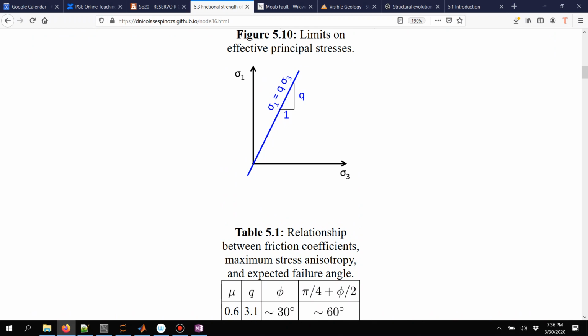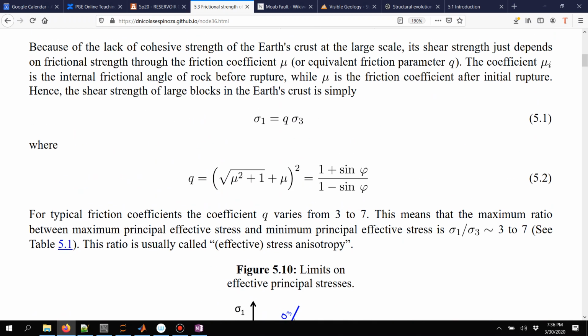Instead of forming a small fracture, you form a large fault, and when that happens will depend on the strength of that particular formation. And the simplified equation, in the case that we have very little cementation, is this: the maximum effective stress is Q times the minimum effective stress.